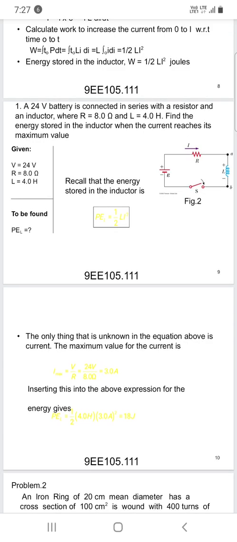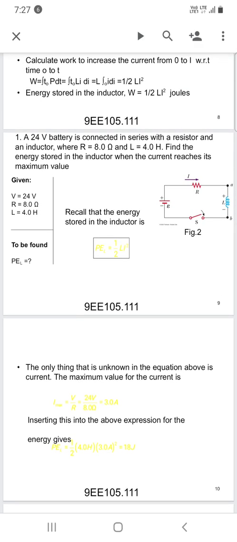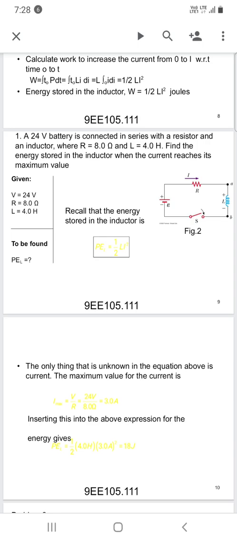A 24 volt battery is connected in series with the resistor and inductor, where the resistor R is equal to 8 ohms and the inductor L is equal to 4 Henry. Find the energy stored in the inductor when the current reaches its maximum value.